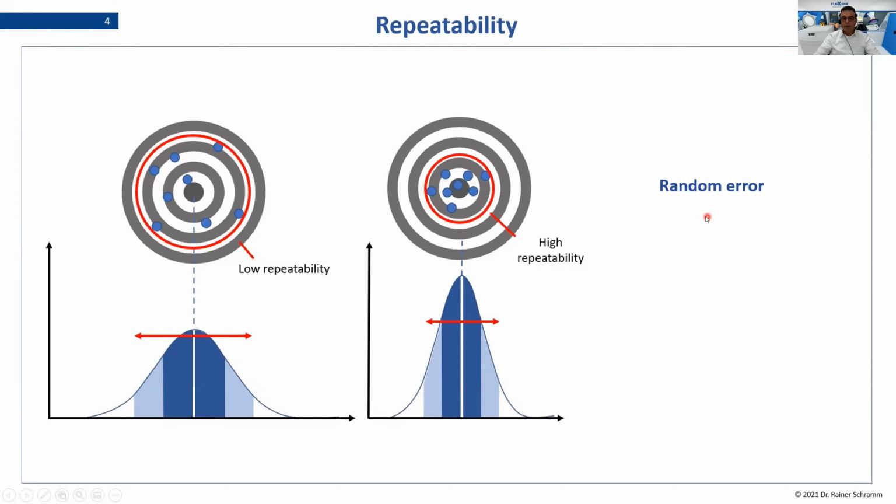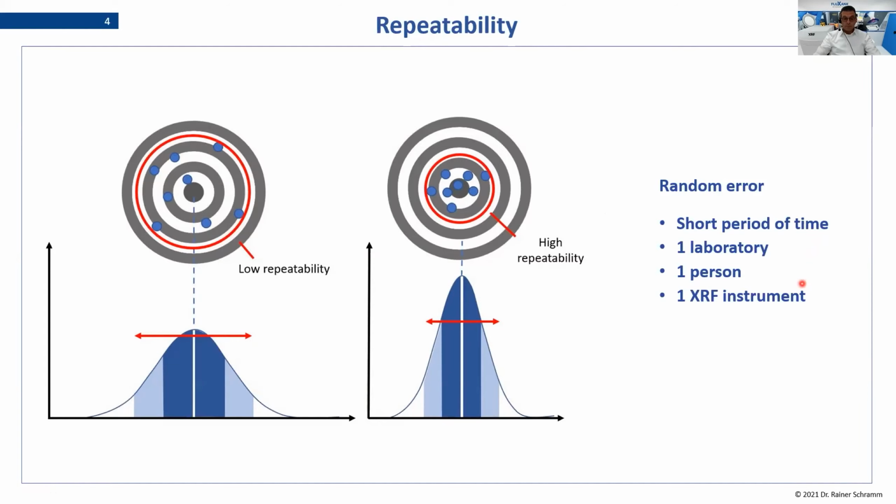This we call random error. The determination of the repeatability is linked to measuring in a short period of time, in one laboratory, with one user, and at one XRF instrument.